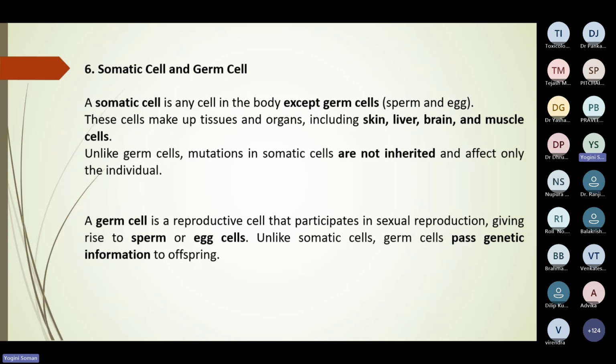Unlike germ cells, mutations in somatic cells are not inherited, and they affect only that particular individual, not the offspring. A germ cell means a reproductive cell that participates in sexual reproduction, giving rise to sperm or egg cells. It passes genetic information to the offspring.